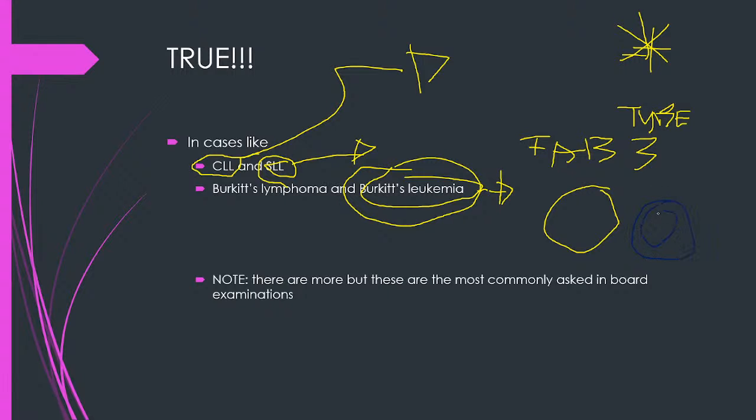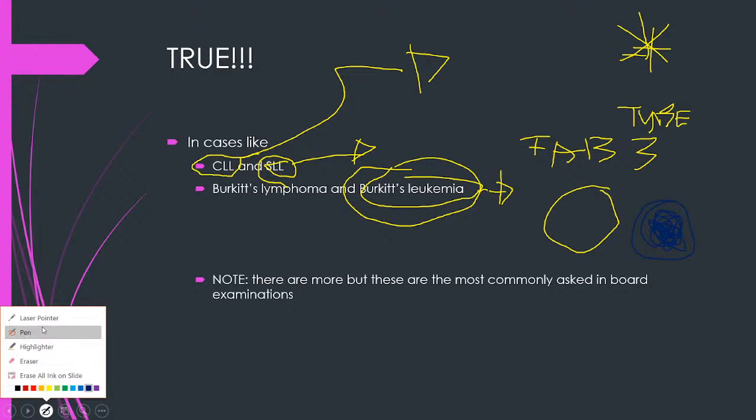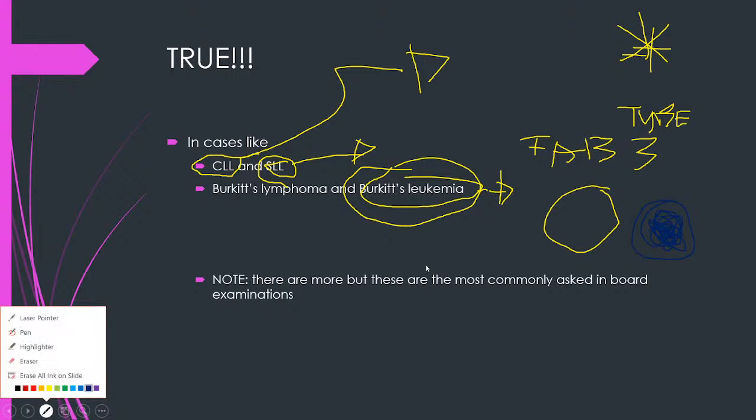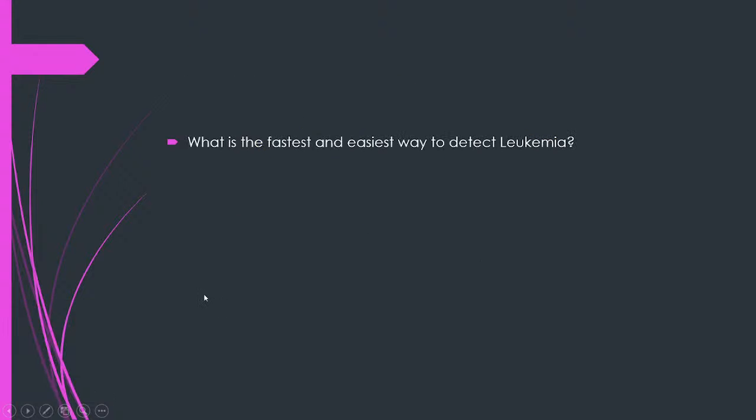It's blue, of course, because there's intense basophilia, and there is an appearance of bubbles or vacuoles. It's the only type of ALL under FAB that has large cells and vacuoles. So please don't forget these, because these are the two types of questions you might encounter in the board exam.